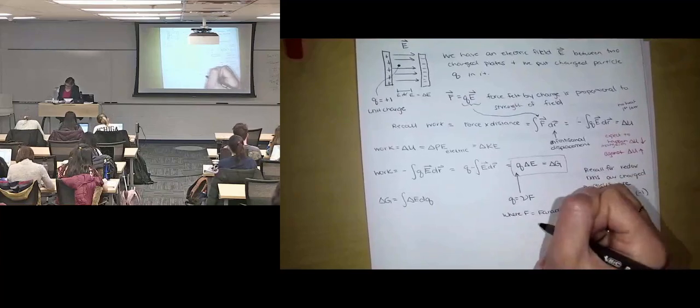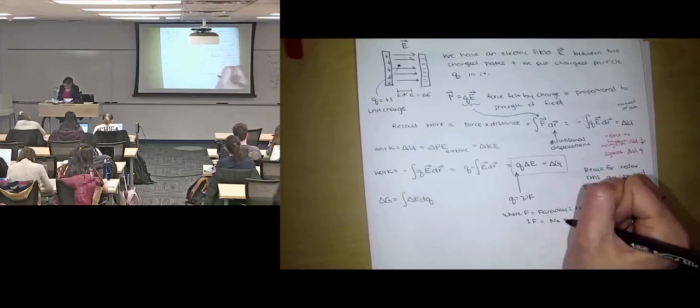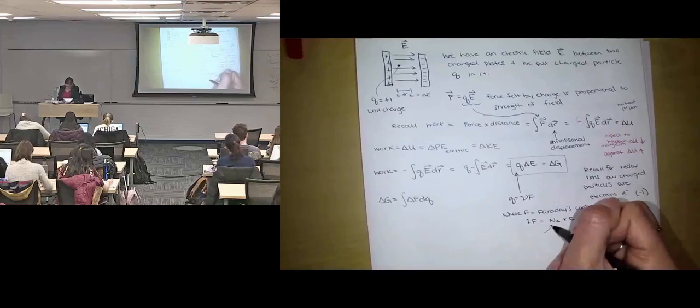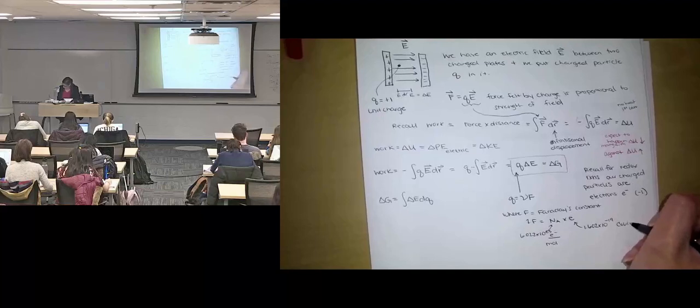Okay. 1 farad is equal to Avogadro's number times the charge on an electron. So this is 6.022 times 10 to the 23 electrons per mole. This is 1.602 times 10 to the -19th coulombs per electron.